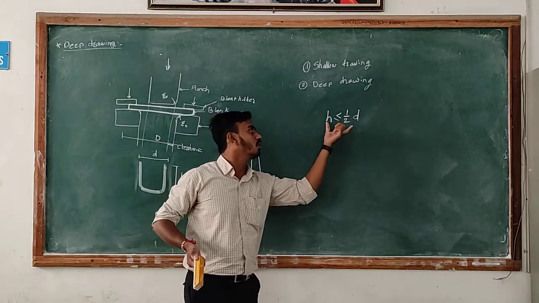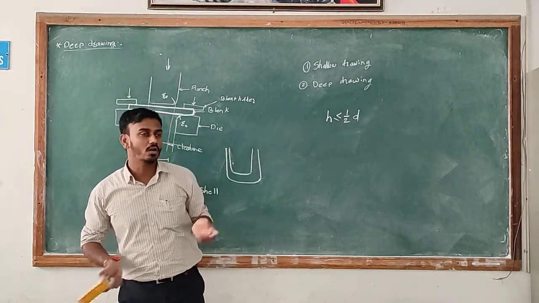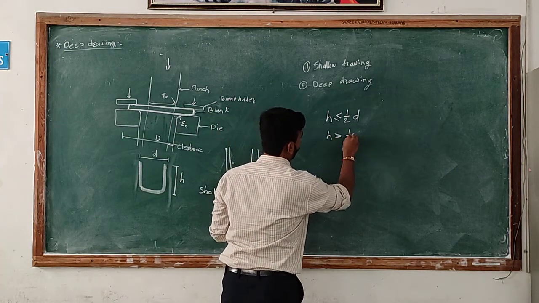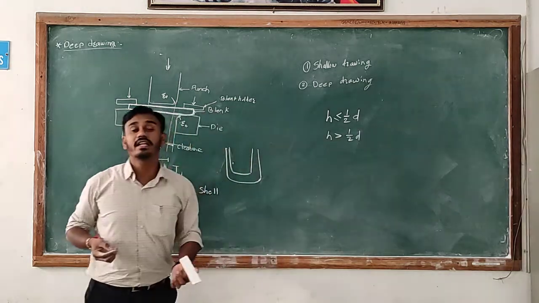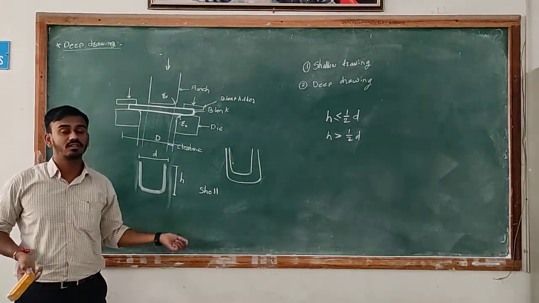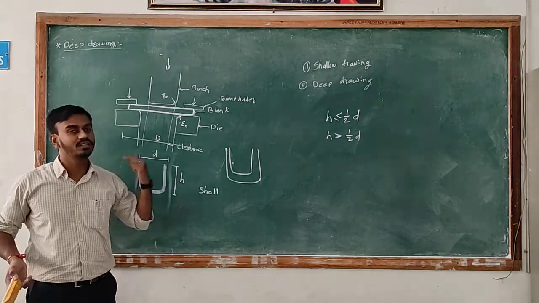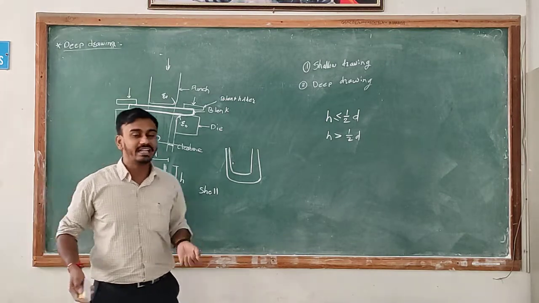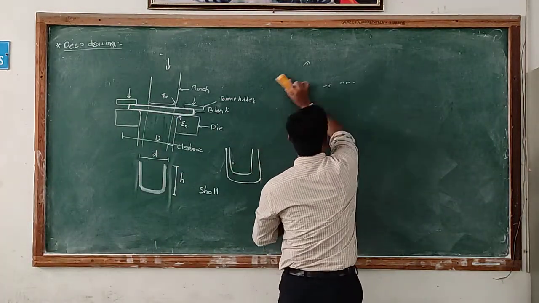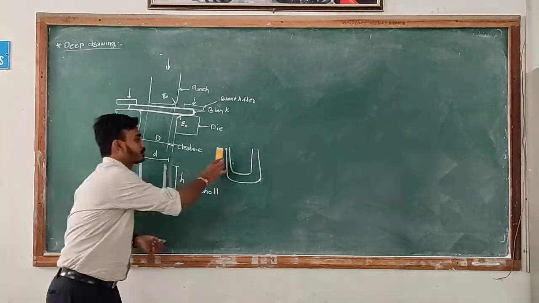If the height of the shell is more than half of D, we call it deep drawing. In our syllabus the process is deep drawing, so we will discuss the deep drawing process.